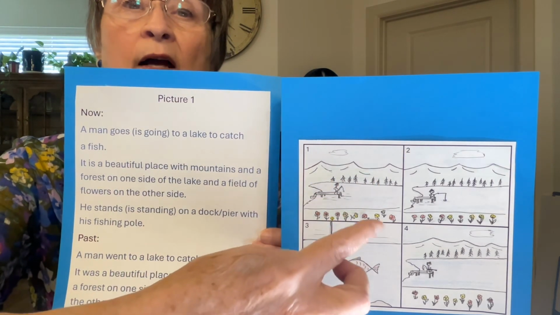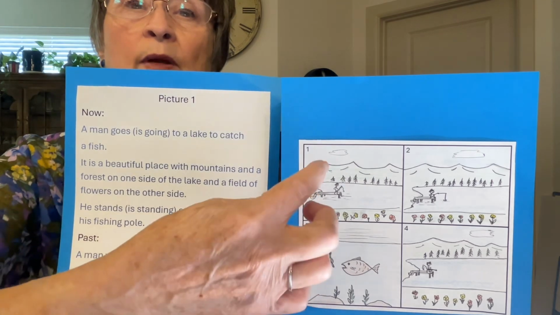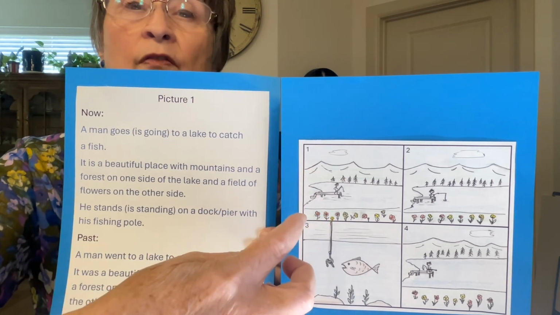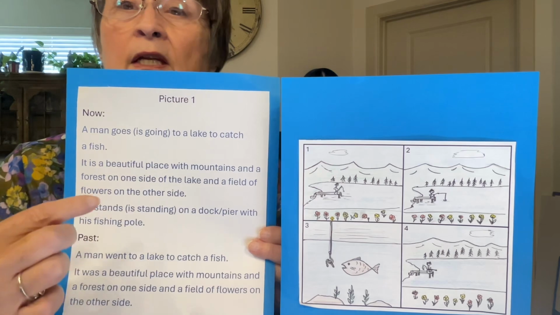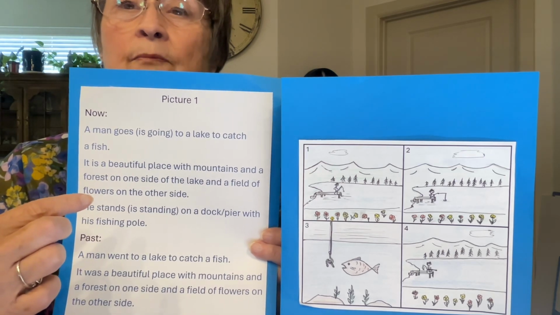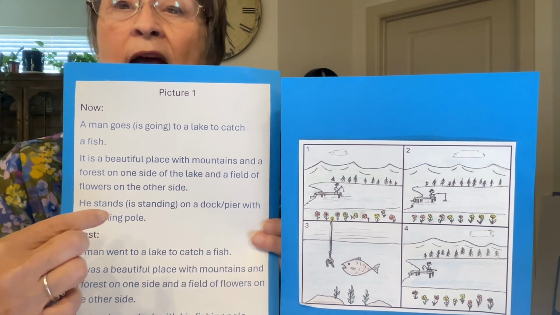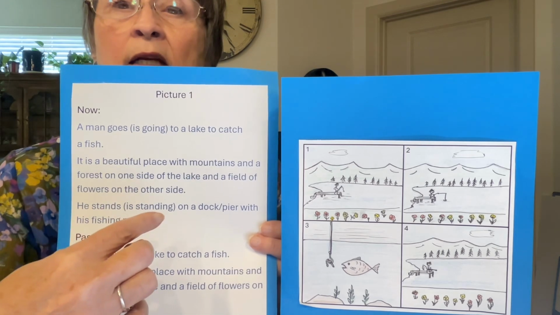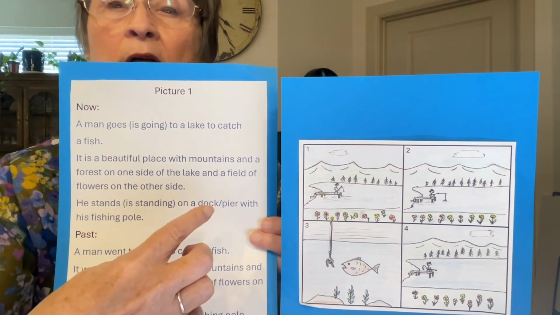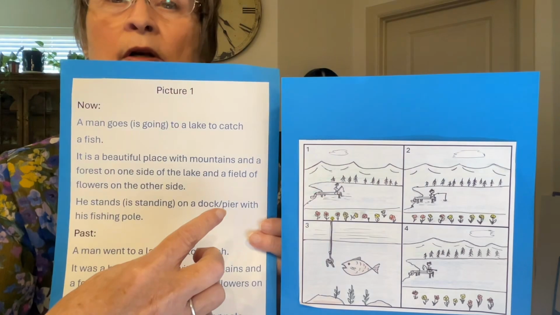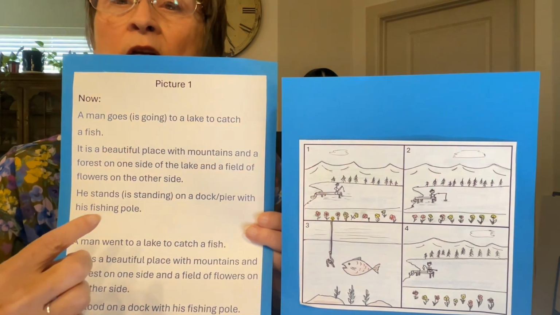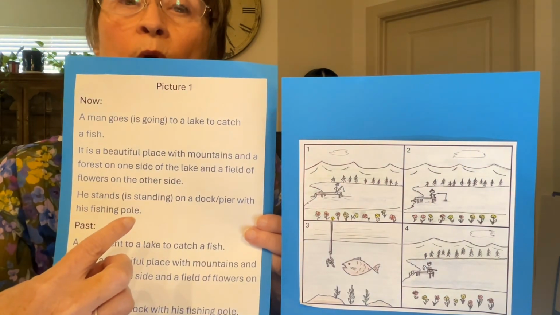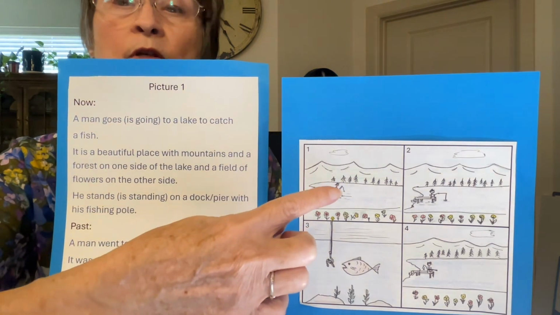Forest on one side, field of flowers on the other, but a forest, a field, but flowers doesn't need anything in front of it. He stands or is standing on a dock, some may call it a pier, with his fishing pole. There he is with the fishing pole.